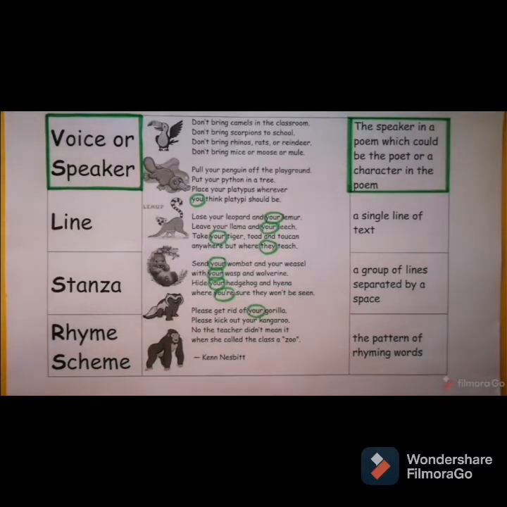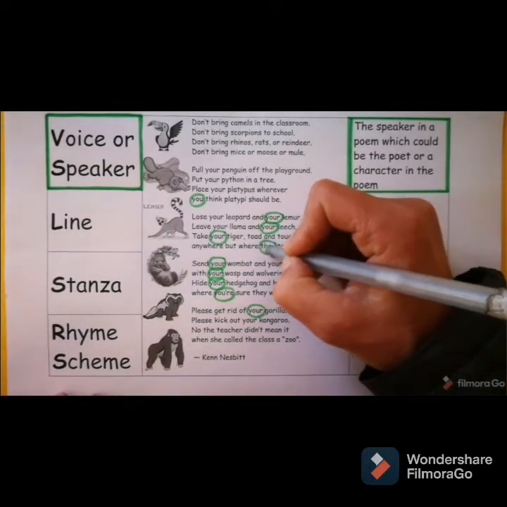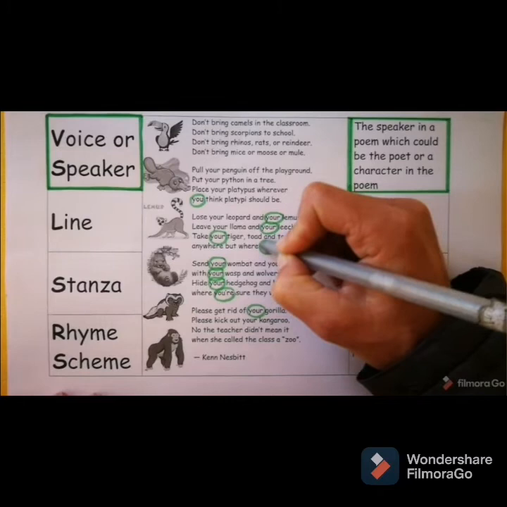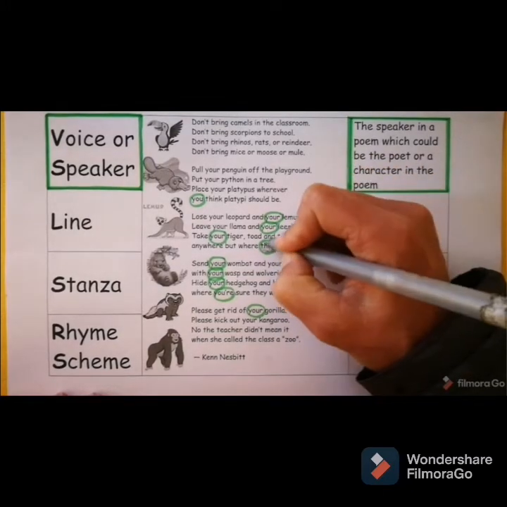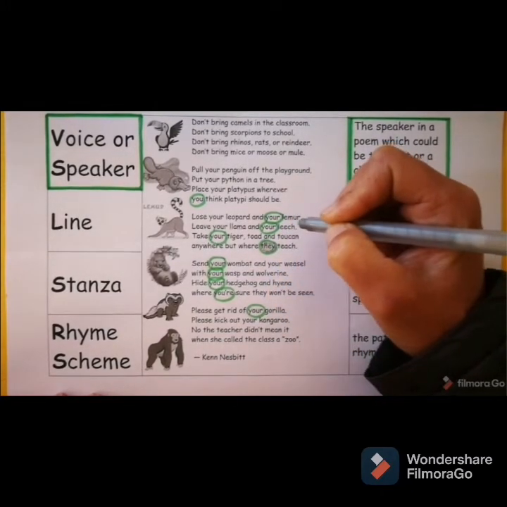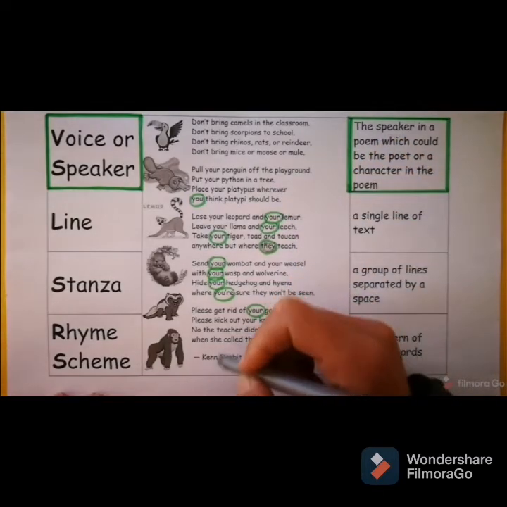It says, no, the teacher didn't mean it when she called the class a zoo. So let's go ahead. There they're talking about a they. I'm just coloring that with a different color because it's a bit different. They're now talking about them.